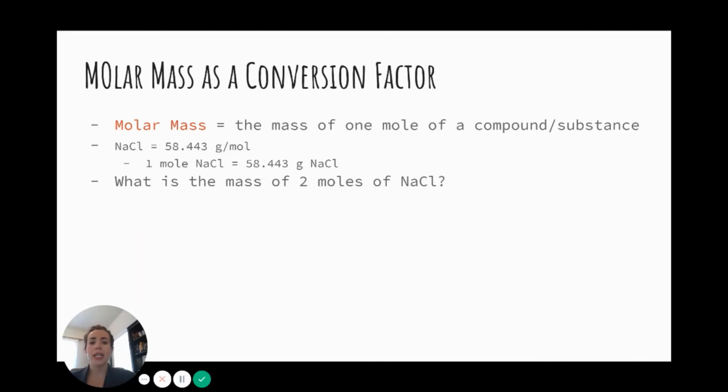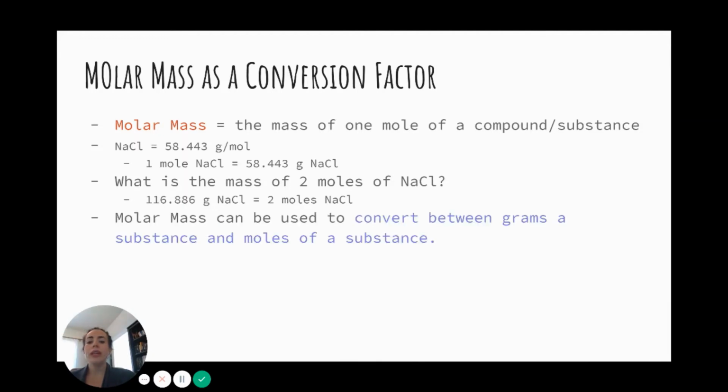Well, it would be double the mass of 1 mole because we're doubling the amount of moles. So 116.886 grams of sodium chloride would be 2 moles. Pretty straightforward, right? So we can use this conversion factor to convert between grams and moles of a compound or a substance.